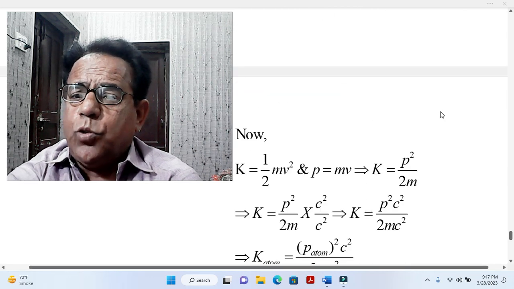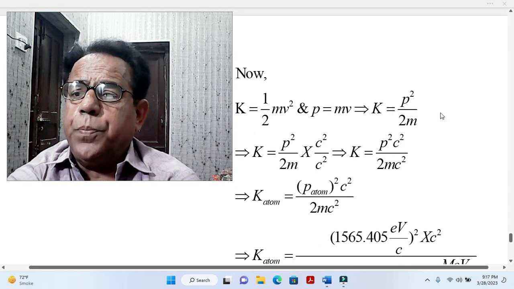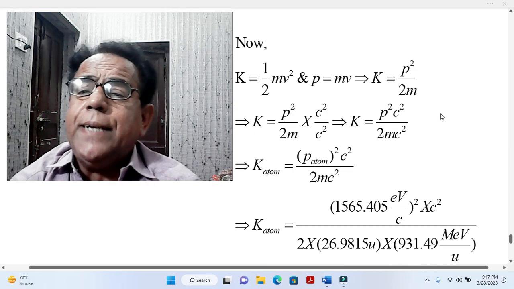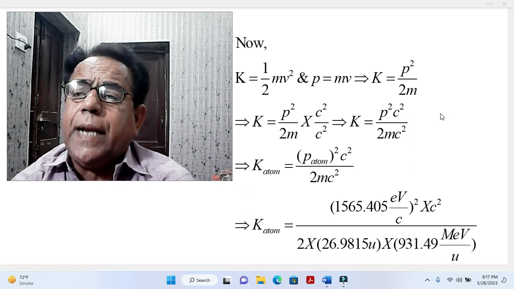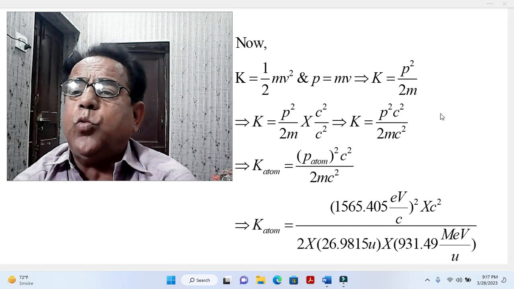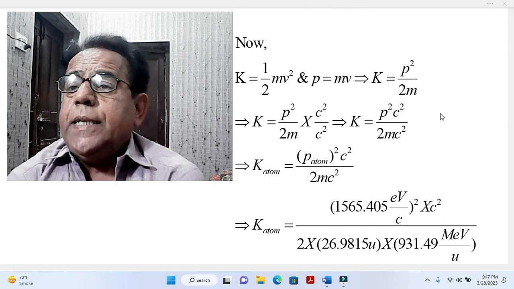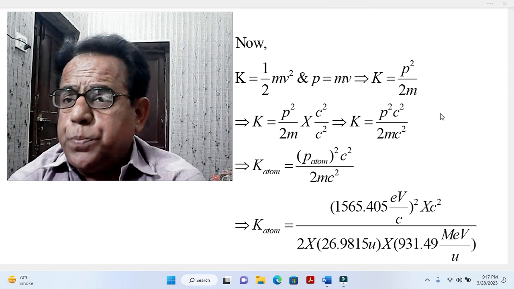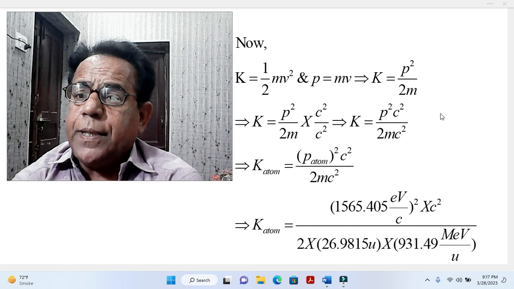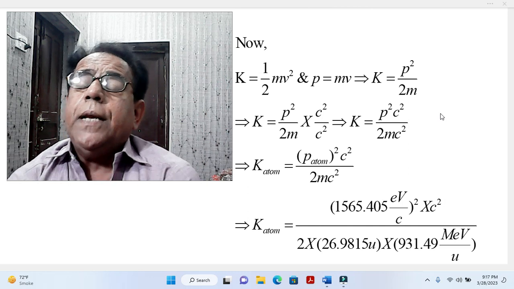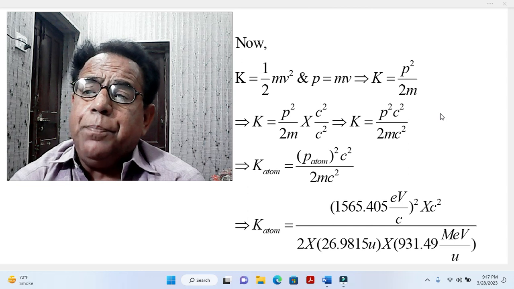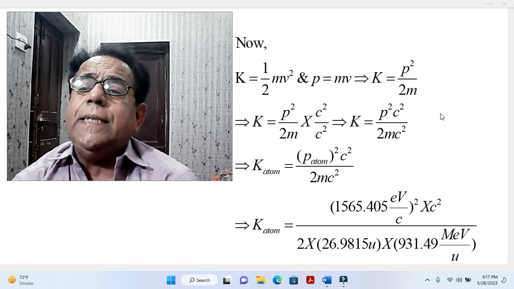I think we should now move further. Now once again, two non-relativistic expressions, kinetic energy equal to half mv square and momentum p equal to mv, imply that K is equal to p square over 2m. What we can do is multiply and divide it with c square.